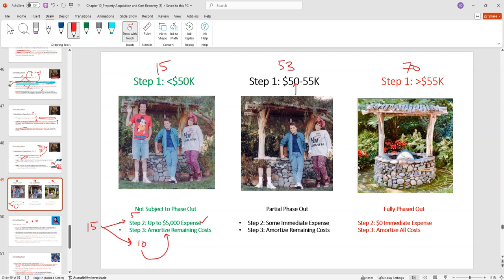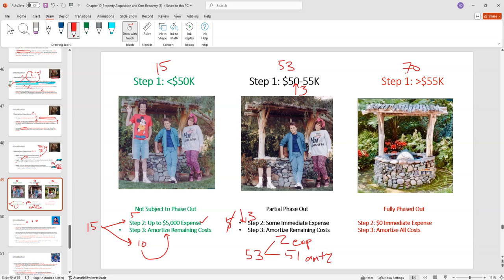We're now above 50 by 3, so that 5 has to go down. In this situation, we have 53 in total. We're above it by 3, so the 5 has to go down by 3. 2, we're going to expense. In 51, we're going to amortize over 180 months.